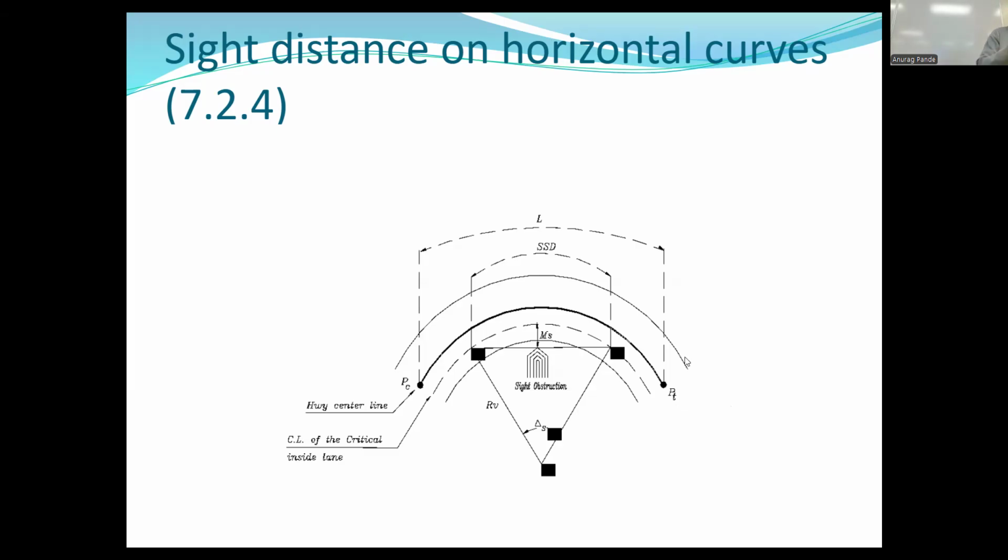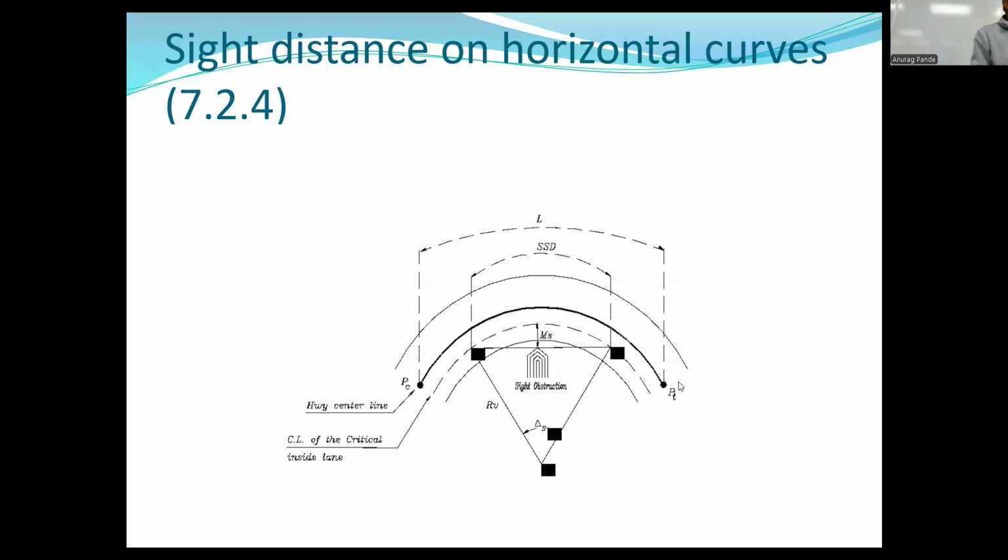They show it as P sub C and P sub T. We've always written it as P, capital C, like that. Either way is fine, as long as you remember that PC represents the start of the curve, the point of curvature, and this is the point of tangency. So this is the main curve, the whole circular curve alignment.